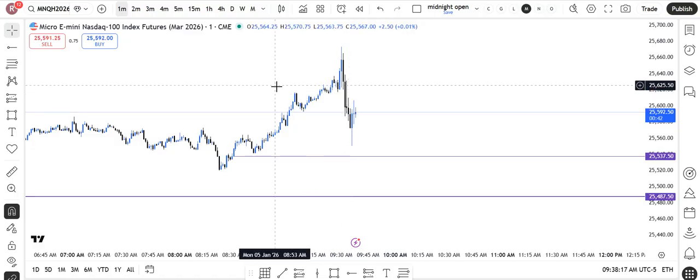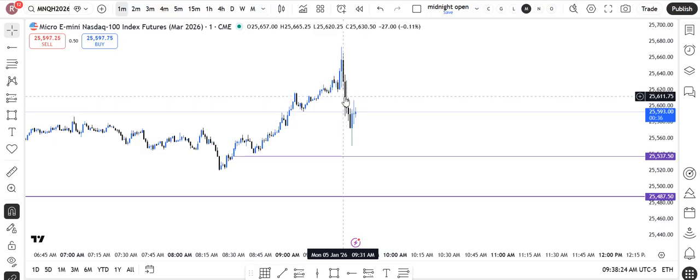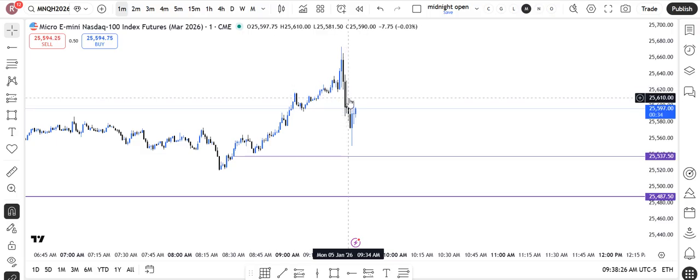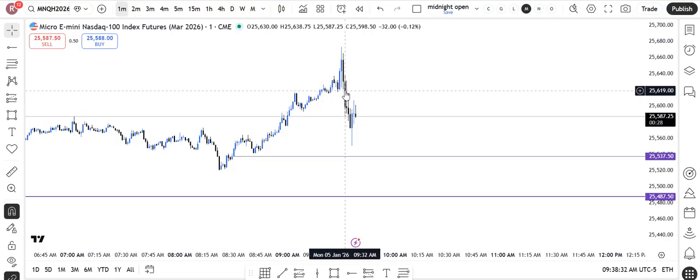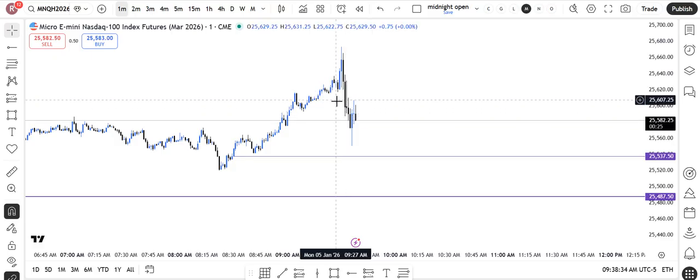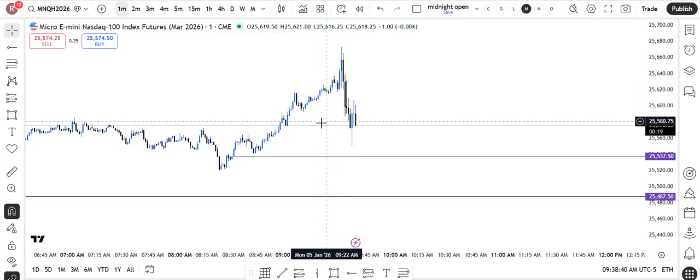I don't like to use the term implied fair value gap, but that's almost what you use it as. You want to see sensitivity around the midpoint and the lower half of it. So if you do, that confirms that this confluence is strong.